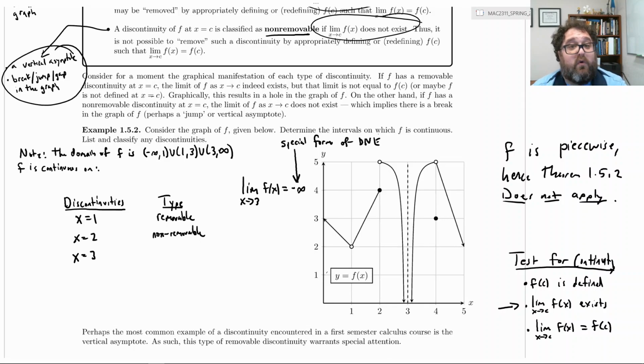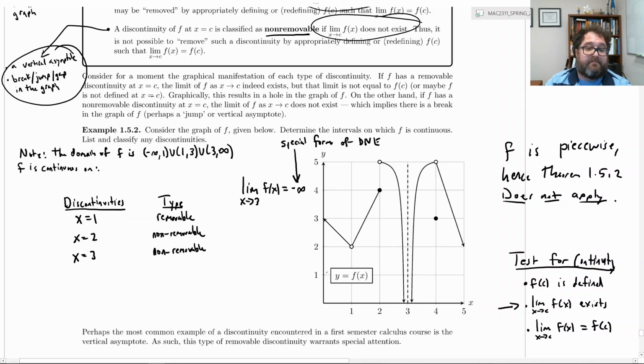So if the limit does not exist at x equals 3 and x equals 3 is a discontinuity, then that means we have a non-removable discontinuity. By the way, as I set up here, a non-removable discontinuity will be a vertical asymptote or a break in the graph.